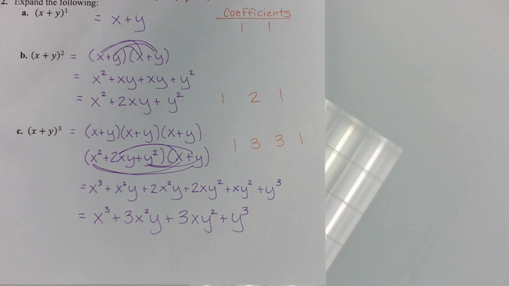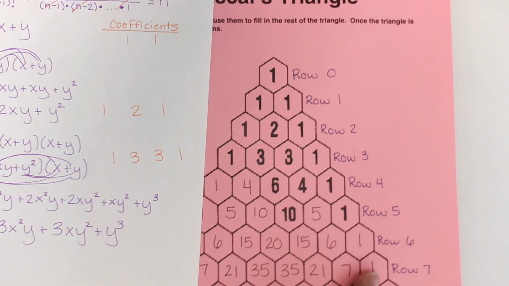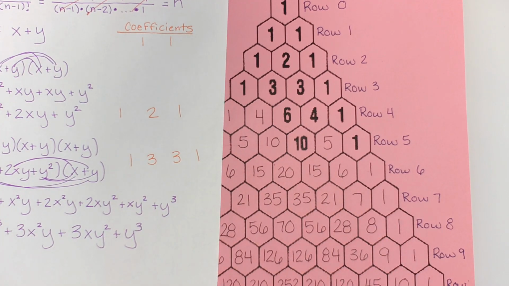Does that look familiar? Pascal's triangle. Row 1, row 2, and row 3.